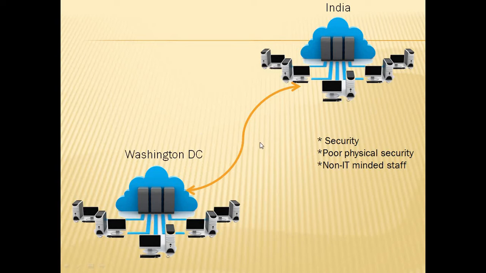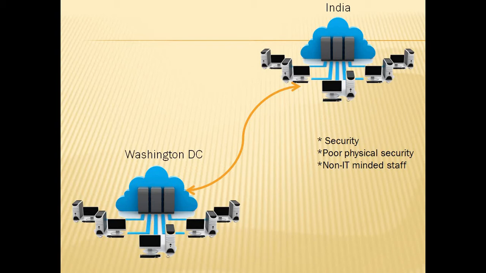Now there might be some reasons why we need to install a read-only domain controller. Number one reason might be a security issue. If the primary domain controller is in Washington DC and you install an additional domain controller in the next country, India, there might be certain security issues. The next one might be poor physical security.